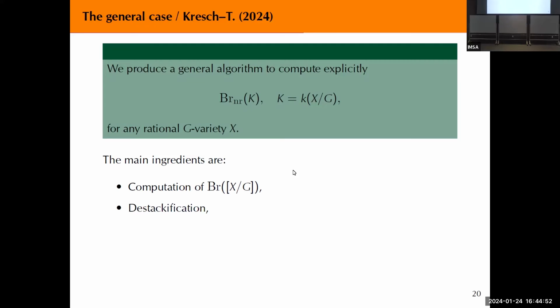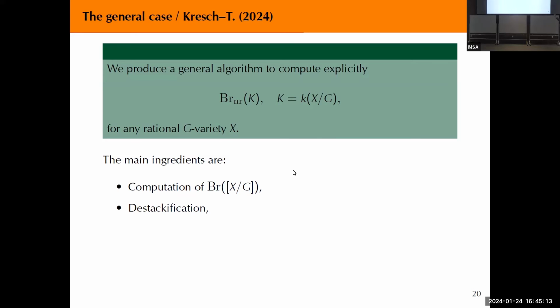Next, there is something in stack theory called destackification. The bottom line is that you can produce a model where the coarse moduli space is Q.